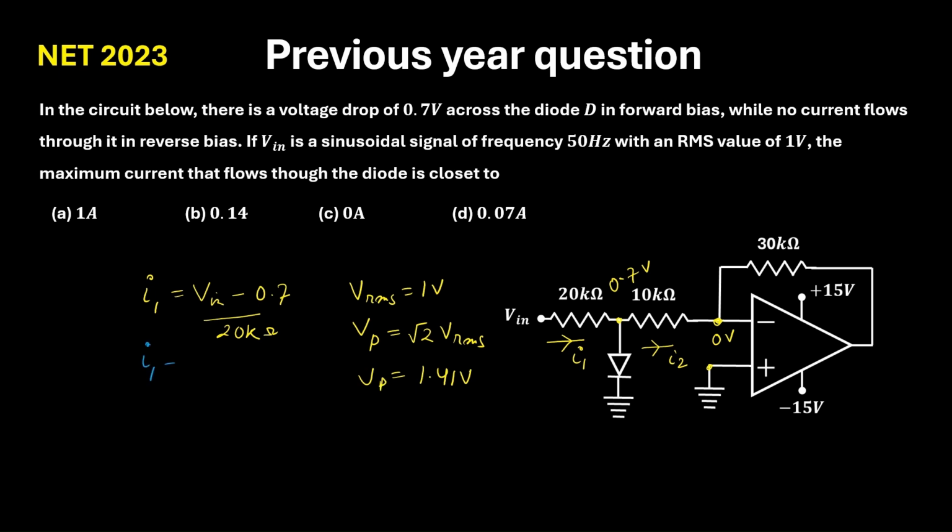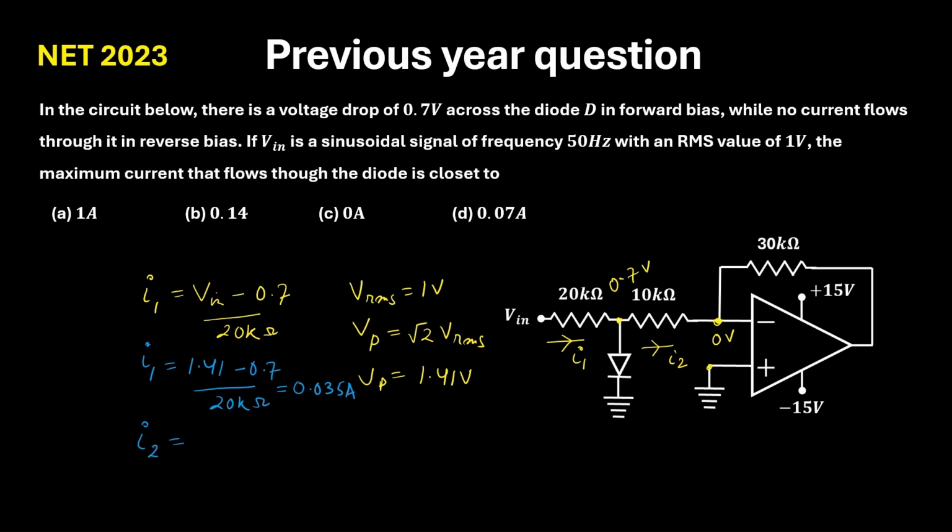So I1 will be equal to 1.41 minus 0.7 by 20 kilo ohm. If you solve this, you'll get I1 is equal to 0.035 ampere.